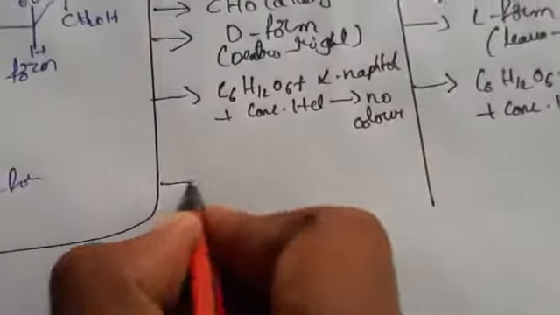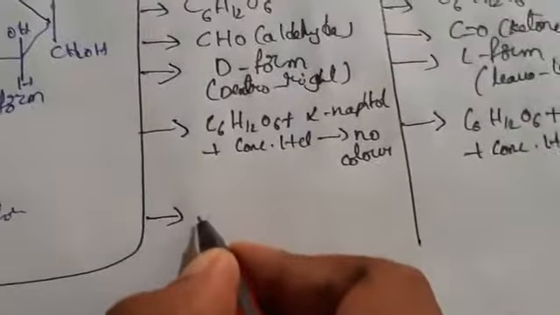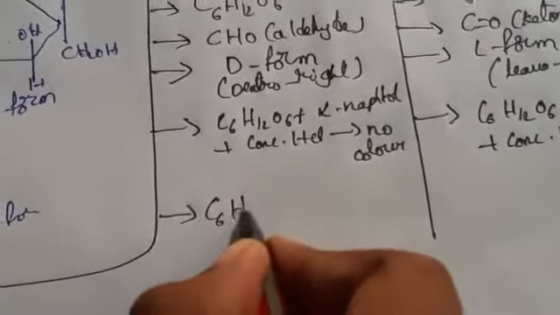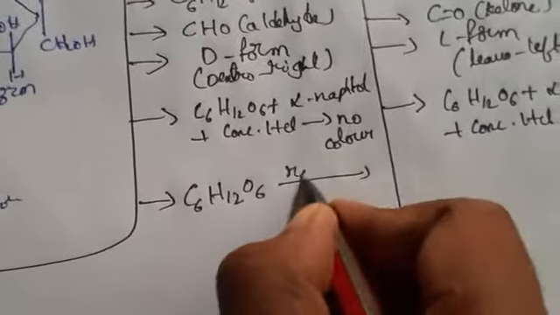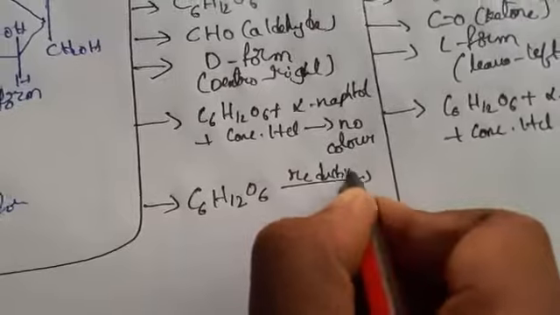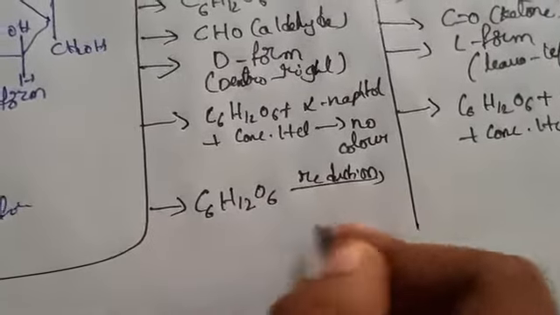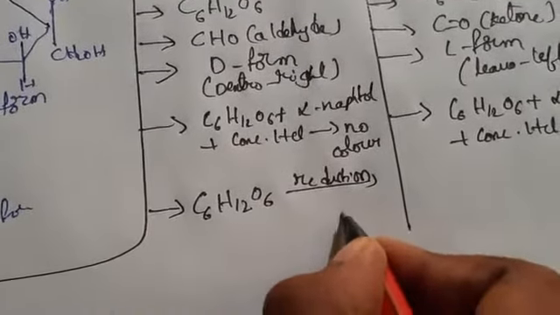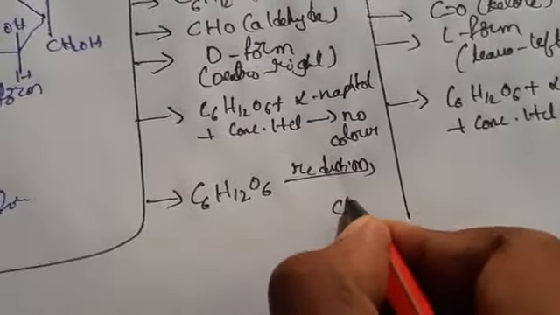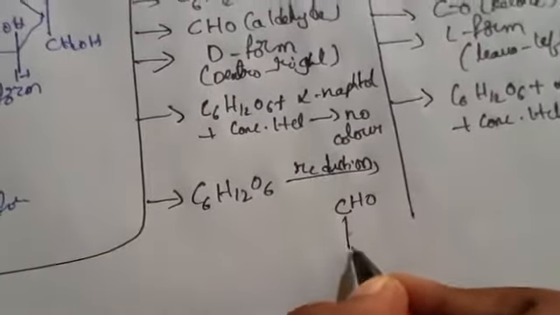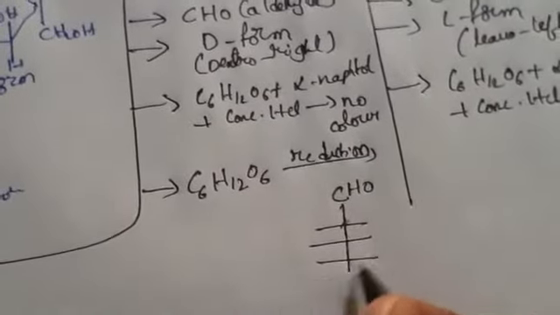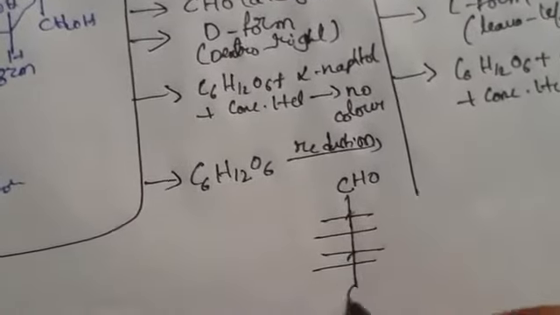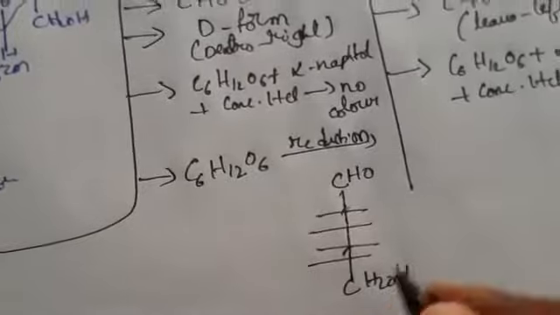Next one, when glucose undergoes reduction, it forms only sorbitol, meaning here CHO, CH2OH, this is the glucose now.